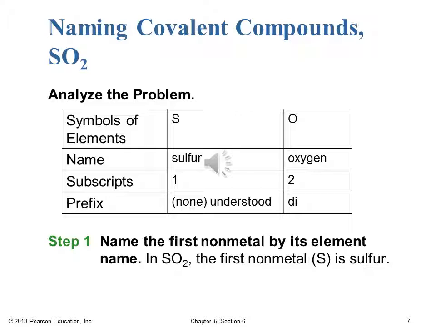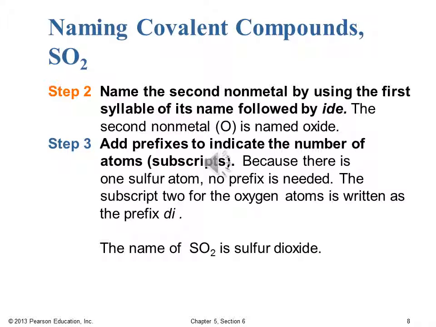So step 1, name the first nonmetal by its element name. So in SO2, the first nonmetal is sulfur, so we're going to start naming this compound as sulfur. Step 2, we're going to name that second nonmetal by its first syllable. So instead of oxygen, we just do the ox followed by the IDE ending. So the second nonmetal name is going to be oxide. For step 3 here, we're going to add prefixes to indicate the number of atoms if they're necessary.